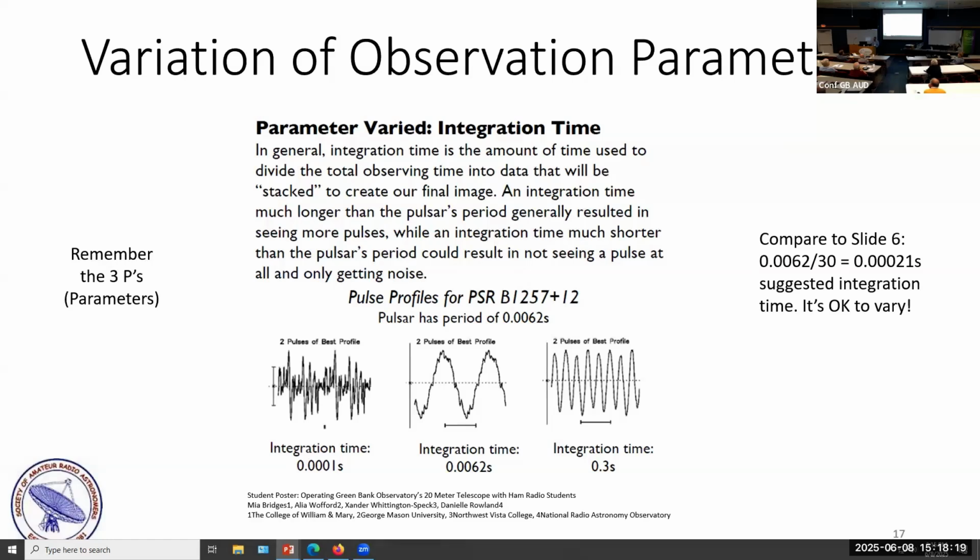If the integration time is much longer than the pulsar period, then you're going to see a lot of pulses, like on the left. If it's too short, it's going to be more noisy. If it's just right, you see something.